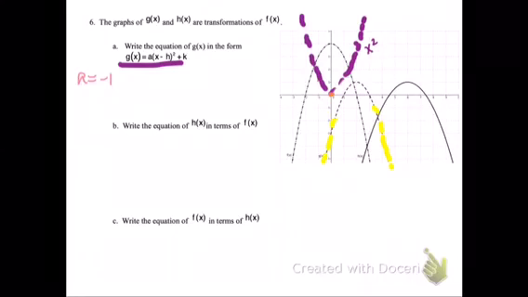My next point was at 1. Well, 1 times -1, I'm going to be at -1. I also had a point at 1, 1, because 1 squared is 1. If I multiply that, I get -1. So now my reflected function looks like this guy.